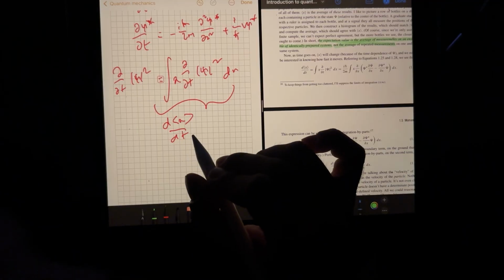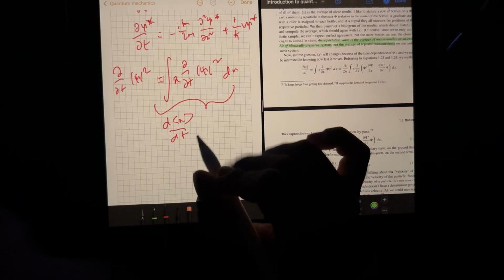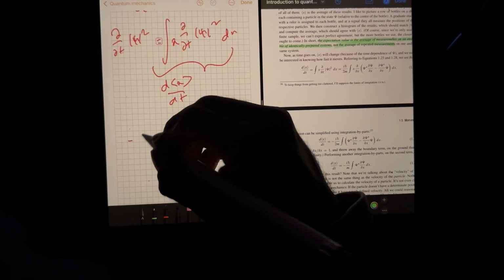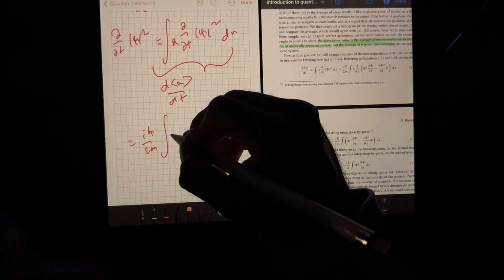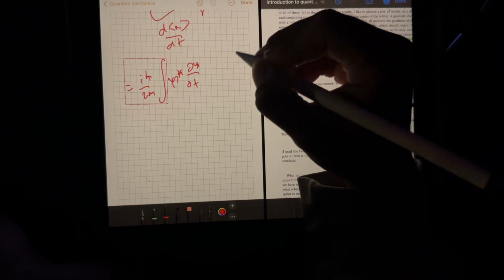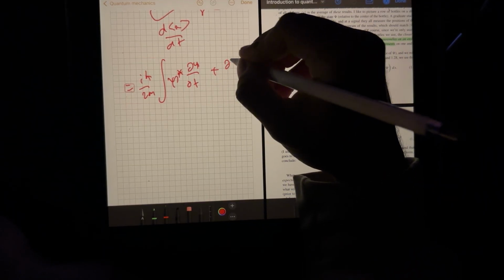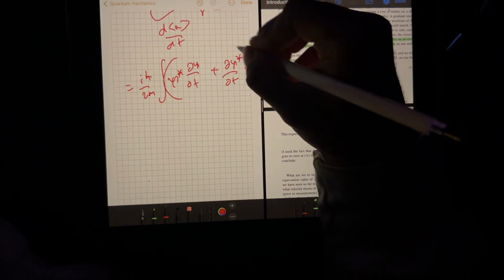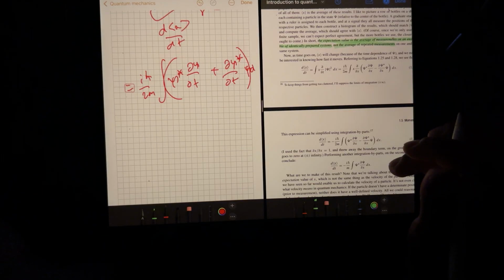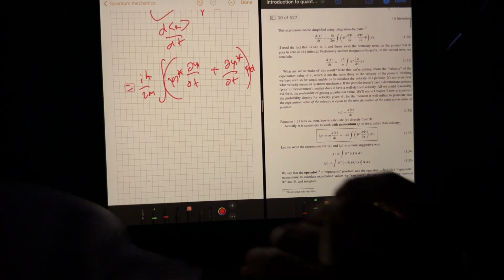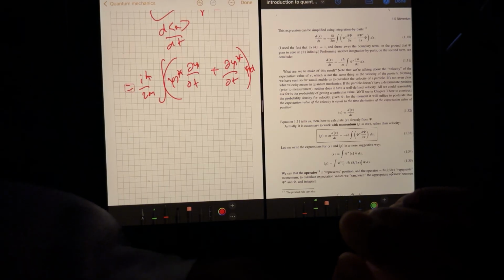So it's simply d/dt of the expectation value of x, which is the integral of the entire expression, iħ/2m times psi conjugate ∂psi/∂t plus ∂psi conjugate/∂t psi, with an entire bracket here, dx. This expression can be simplified using integration by parts, that's fine.